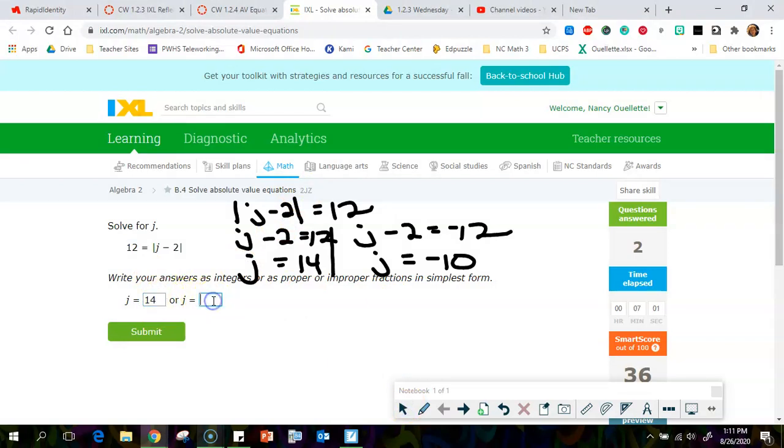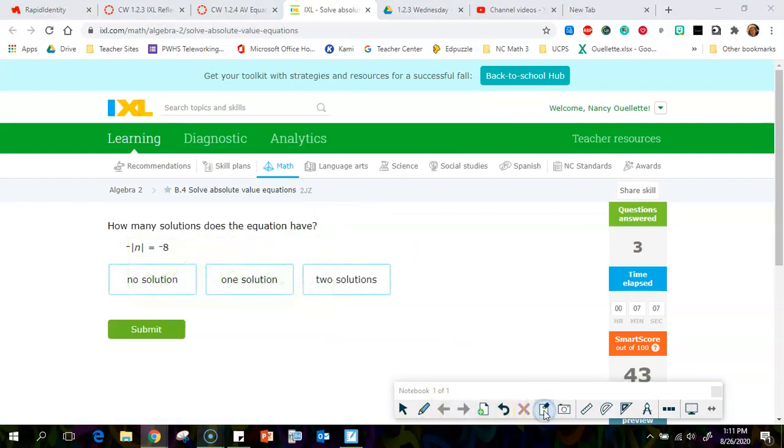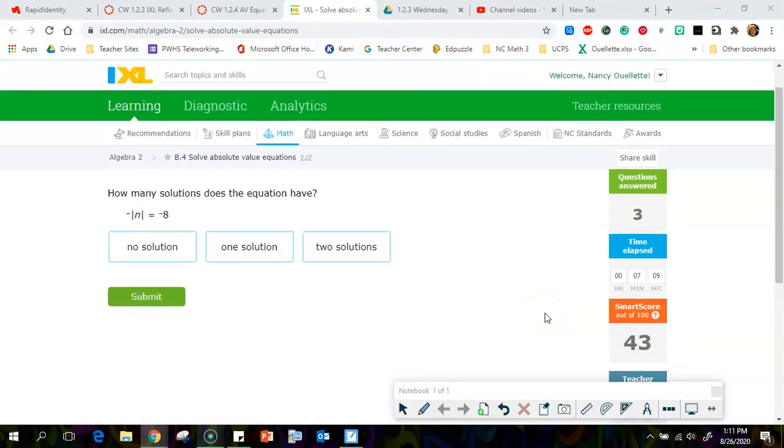14. -10. All right, let's look at the next one. So if we solve this one, they're wanting to know, does this have no solution, one solution, or two solutions?